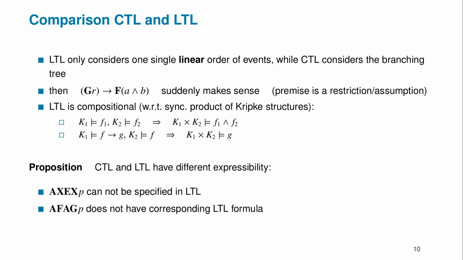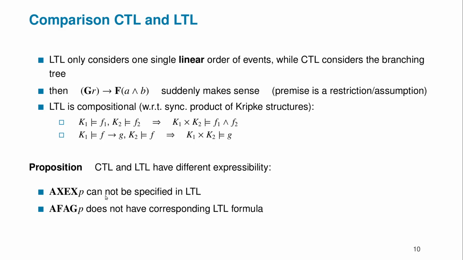So one could ask if CTL formulas that have only always quantifiers in front of the temporal operators have a corresponding LTL formula. And as we will see for this example here, this is not the case.